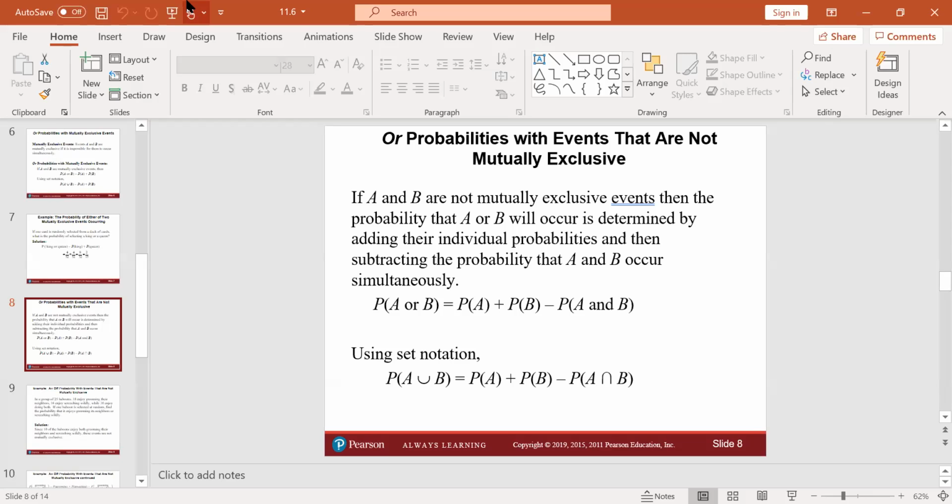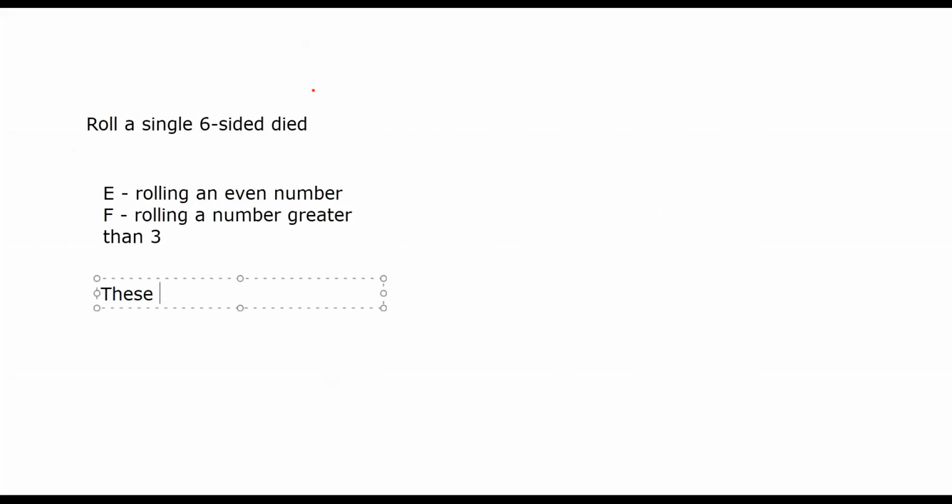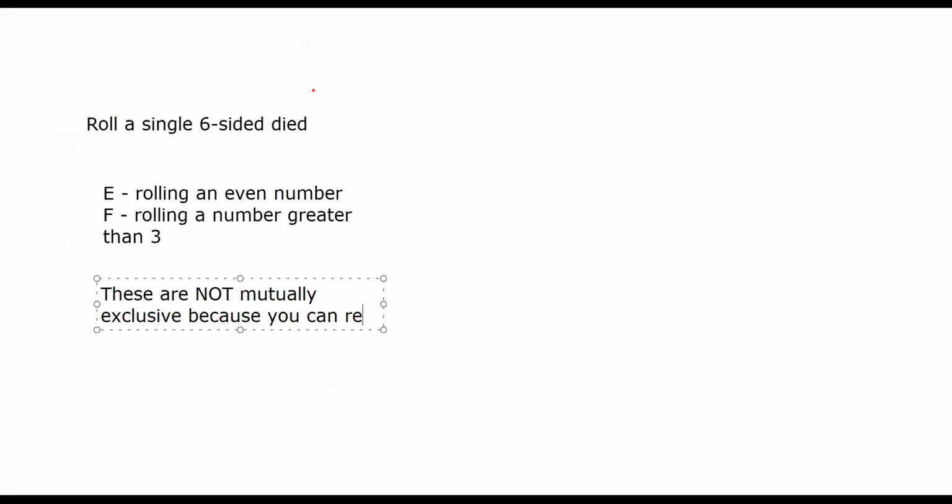So let's look. Roll a single 6-sided die. We're going to define two events here. E is the event of rolling an even number. Let F be the event of rolling a number greater than 3. These are not mutually exclusive because you can roll a number that is both even and greater than 3.